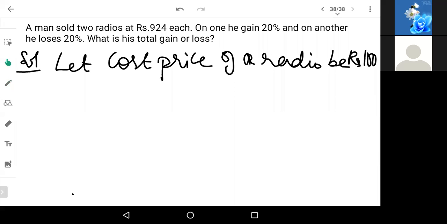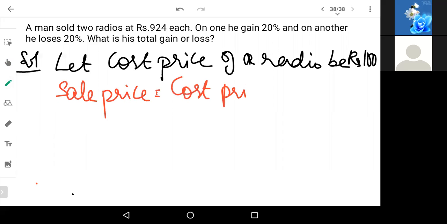Okay, now when the cost price is 100 rupees and I know the profit, I can find the selling price. Correct? So let us write that formula. Sale price or selling price is equal to cost price plus profit. If it is profit, plus profit, or if it is loss, it is minus loss.